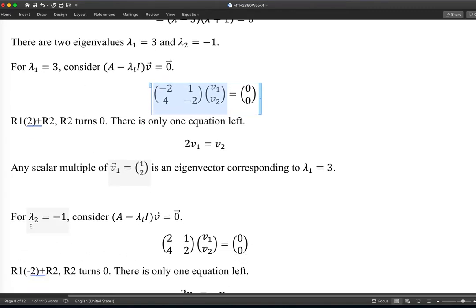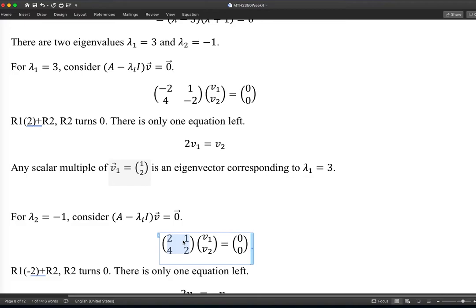Then for the other eigenvalue, -1, I repeated the same thing. Take a quick look at the coefficient matrix. I hope you got the idea: we really only need to work with the coefficient matrix. One row is a scalar multiple of the other, right?